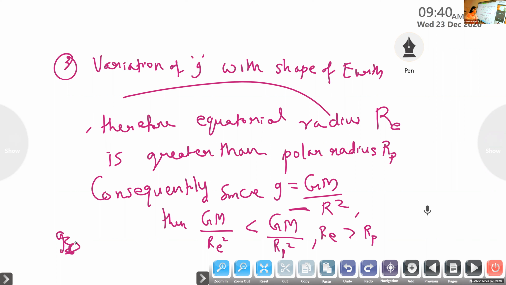Those who are going for space engineering and astrophysics are interested in all this. The gravitation chapter is the basis of that type of stream, engineering level and all. So that's what we are learning in this chapter. These things we learned in geography and physics, but we had not learned the verification in the small classes. In plus one we are learning how we can prove it. This kind of theory is proved. That's what we have done.